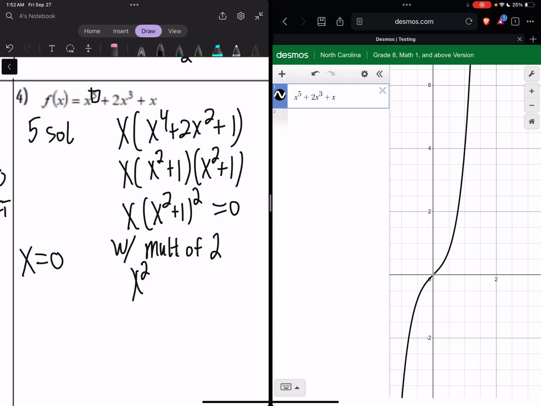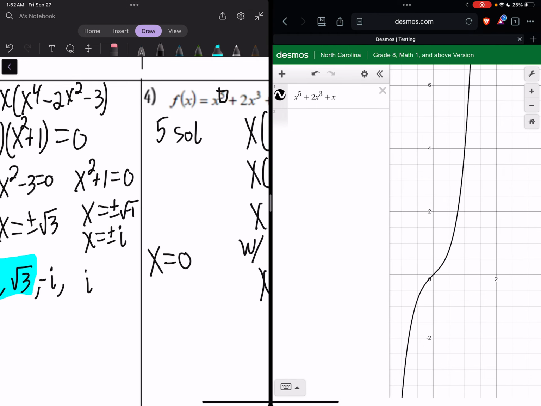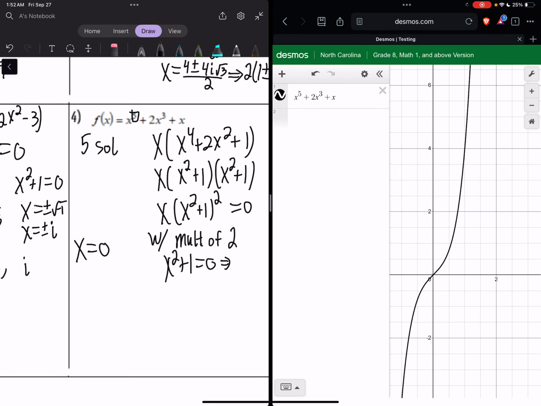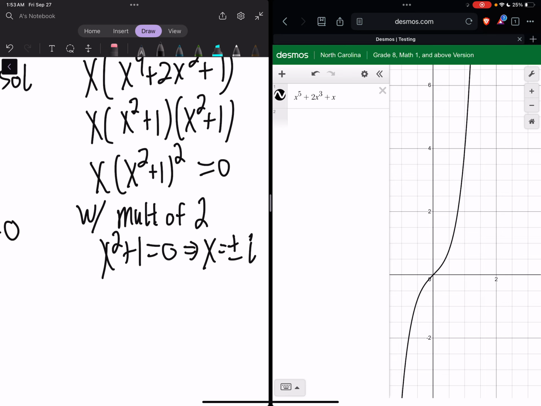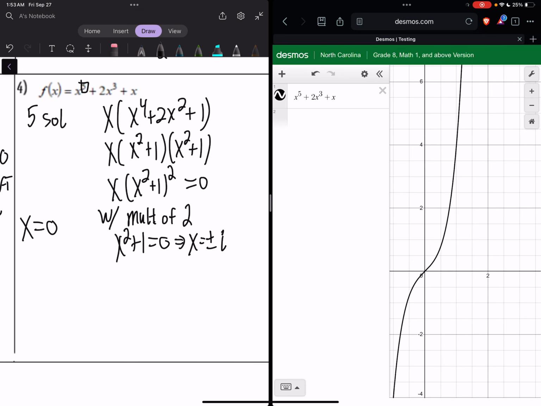X squared plus 1 is equal to 0. This is going to give us, like it did over here, same equation, x is equal to plus or minus i. And again, that is with multiplicity of 2, meaning it happens twice. It's plus or minus i and then plus or minus i again.